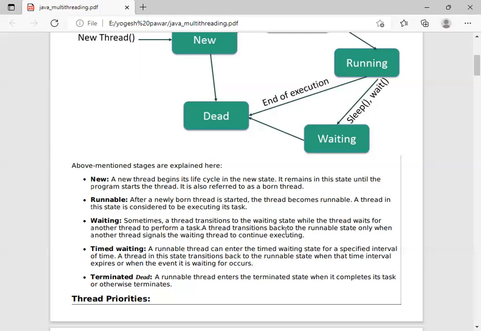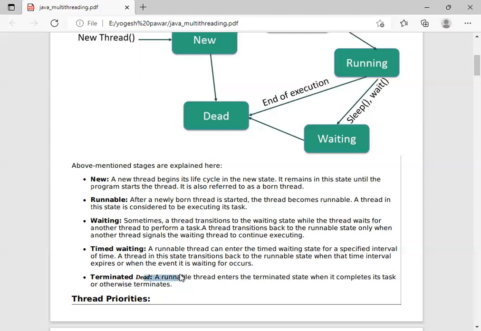Then at that time, it will be waiting for some time, and after completion of that, it again enters into the running state. Okay, timed waiting is nothing but the sleep, and the wait is nothing but waiting till the execution is completed. Here it is waiting for particular milliseconds.